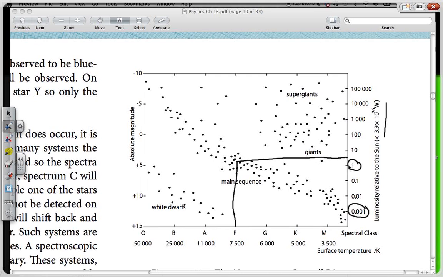Another important point to realize with this Hertzsprung-Russell diagram is that the temperature and the color give a very clear indication of the mass of the star, because high mass stars over here, for instance, let's say we've got a type B star. These are our high mass stars. These are massive stars.